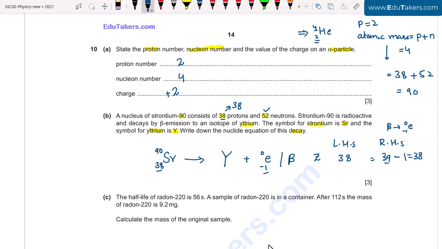So the atomic number is 39. And also mass number, represented by A. Strontium has 90 and here electron is 0 plus 90. So that 90 plus 0 is equal to 90. The atomic mass of yttrium is 90. So it is the balanced equation for the decay of strontium into yttrium and electron.